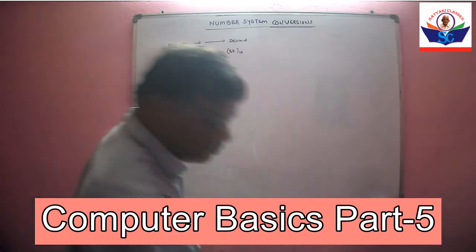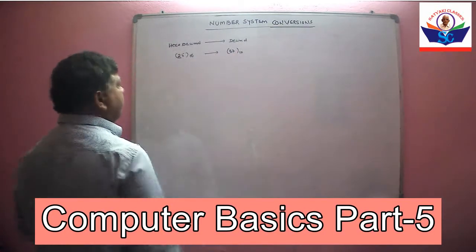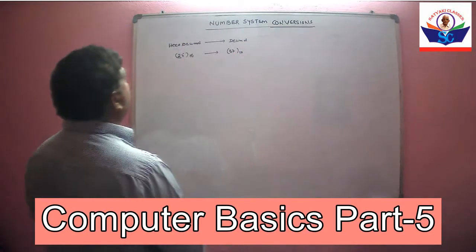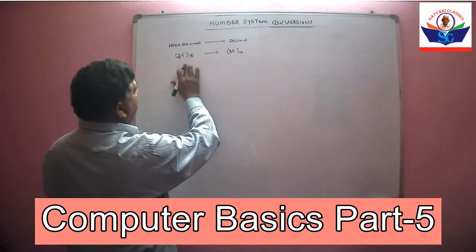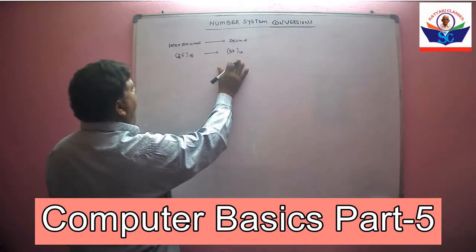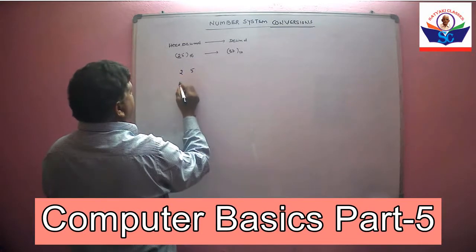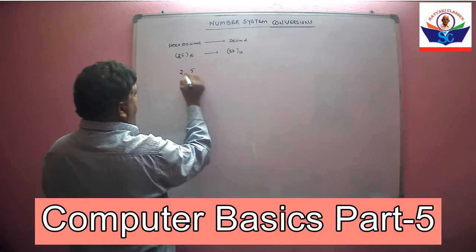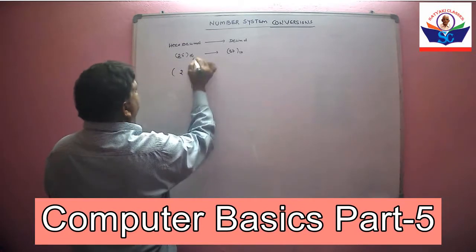And once again, 25 should be converted to decimal number. 25 is in hexadecimal number. What is the equivalent number in decimal number? Now how to convert?